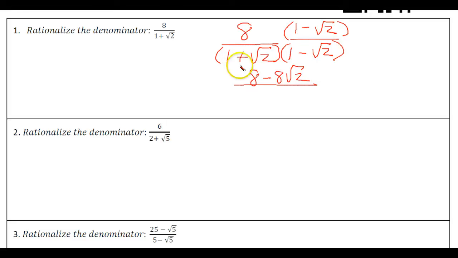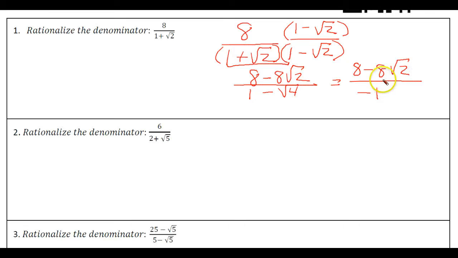And then our denominator becomes, as we multiply our first, this is a 1, and this is a negative square root of 4, and a square root of 4 is 2, so 1 minus 2 is a negative 1 in the denominator, and in our numerator it becomes 8 minus 8, the square root of 2.